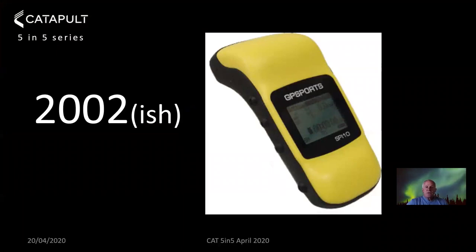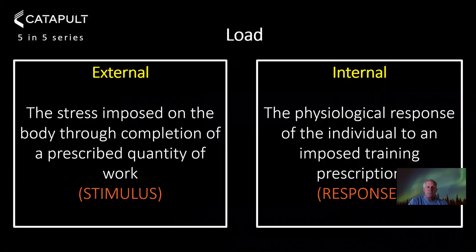And then in 2002, things changed a bit because we took charge of a number of these GPSports SPI GPS devices, 1 Hertz GPS devices. And what this actually provided us with was the first opportunity to begin to collect some external load information on the players.